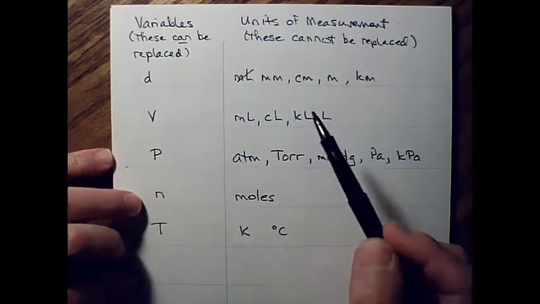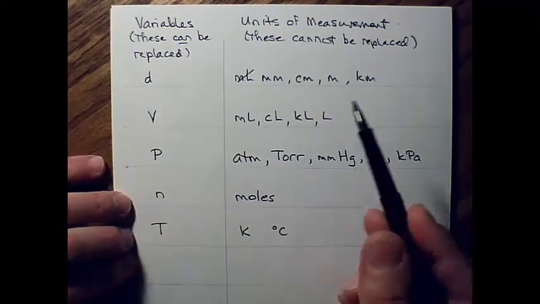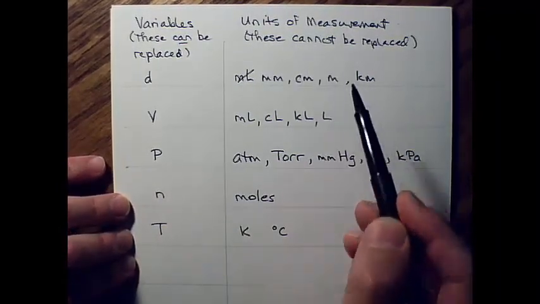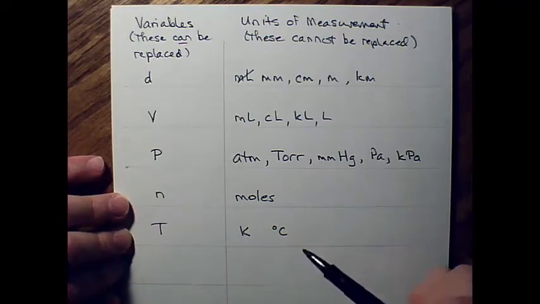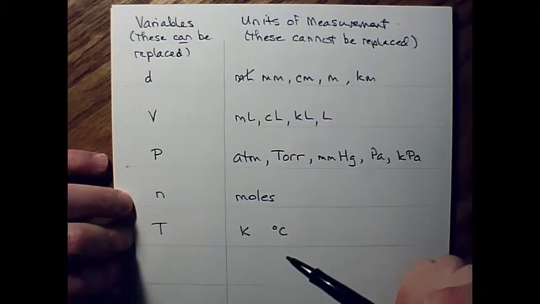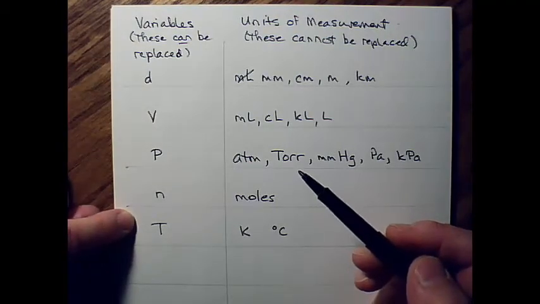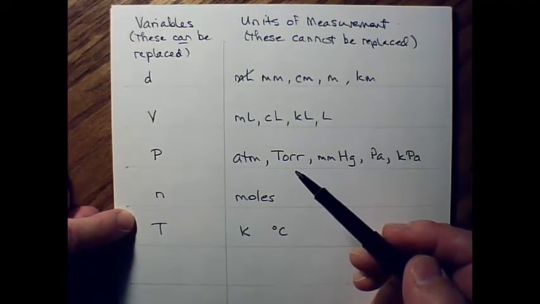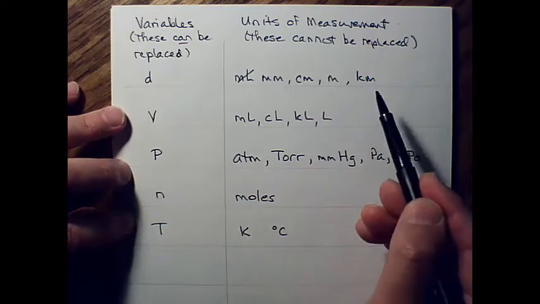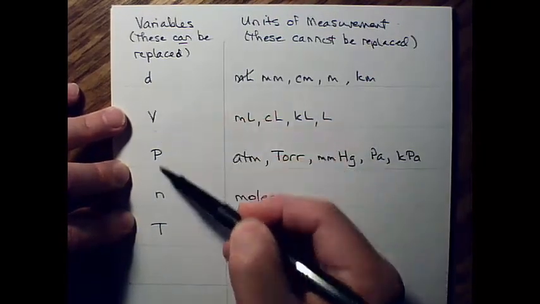Now, the thing you've got to remember that's really, really important is that units of measurement can't be replaced in an equation. They are the actual units of measurement for whatever we're measuring. The variables are designed to be replaced. So you plug a number with one of these units of measurement in for one of these variables.